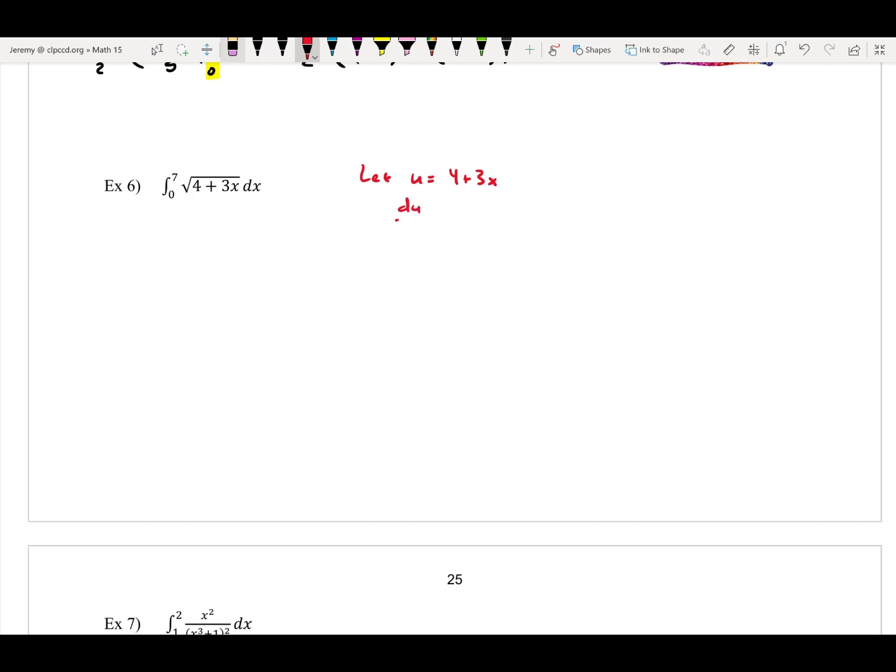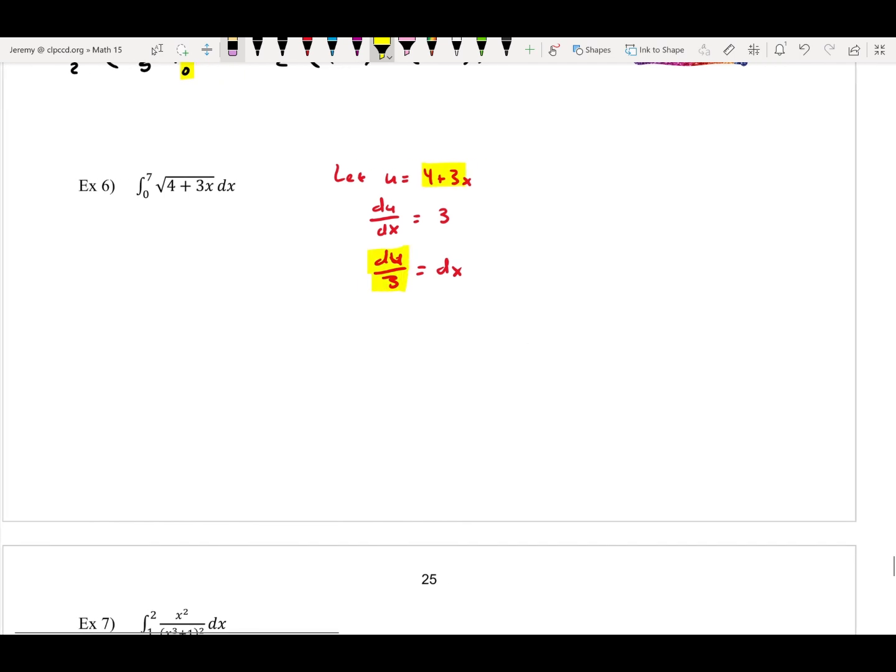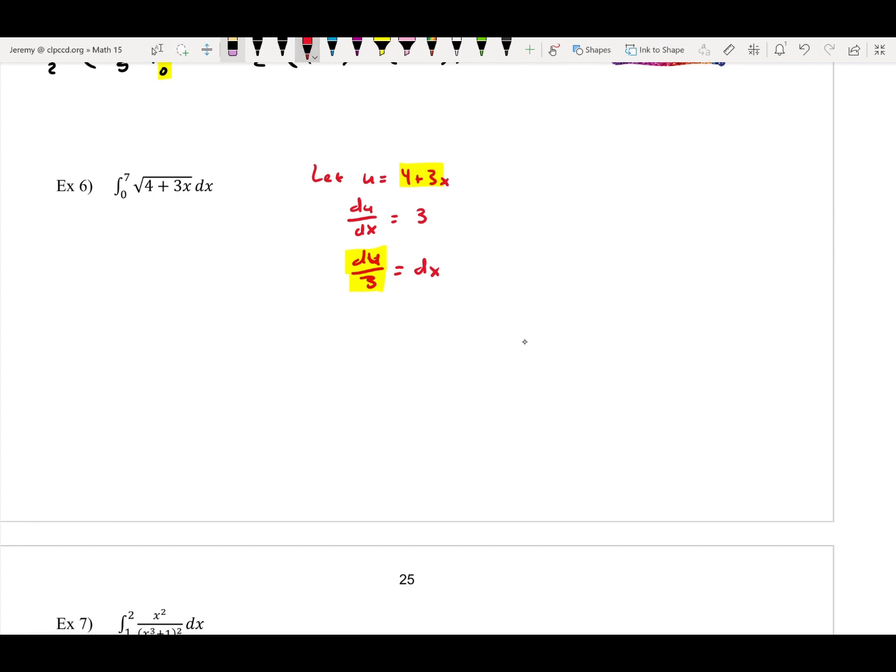Then du dx, taking the derivative of both sides, is just going to be 3. If I solve for dx, I'll get that du over 3 is equal to dx. So that's good, I'm substituting u in for that, and that's what's going in for dx. Let's do my limits of integration. Off to the side, I have x equals 0 and x equals 7.